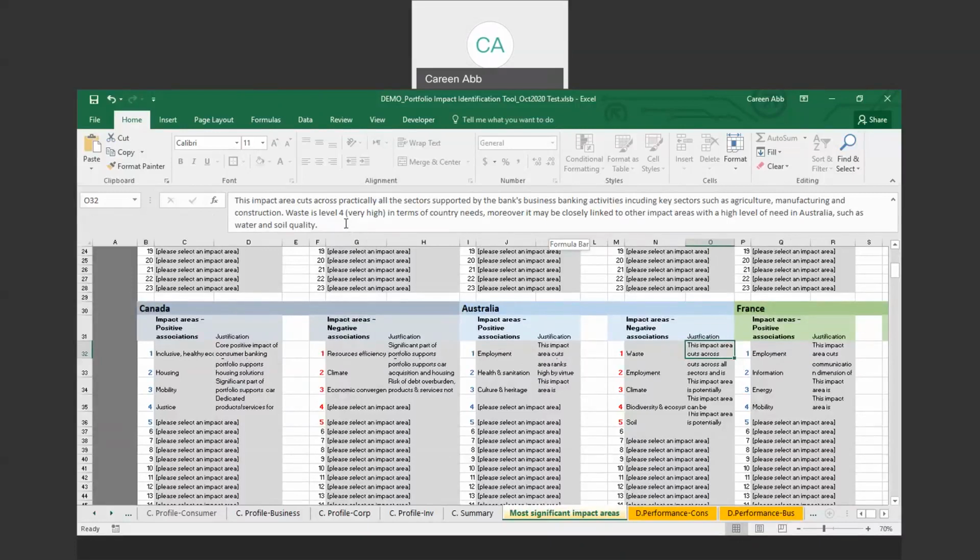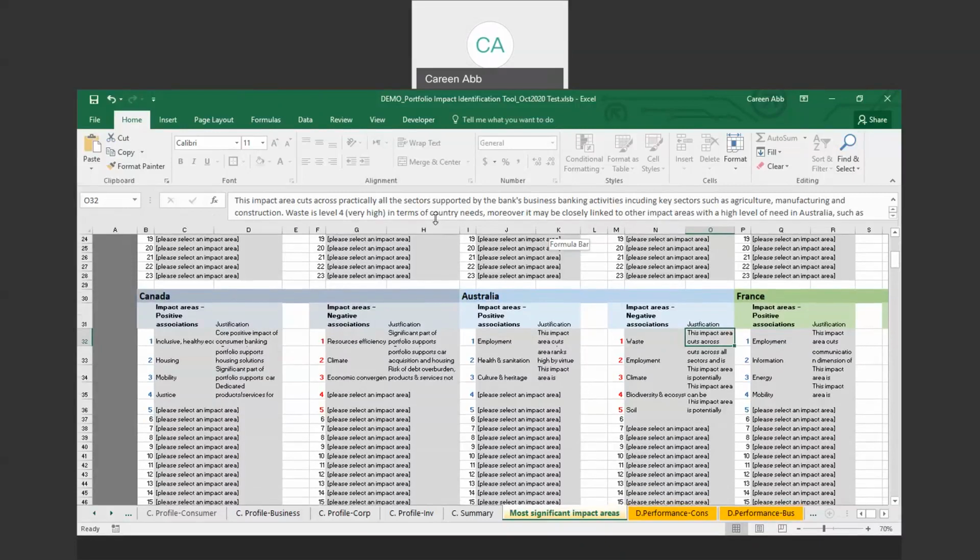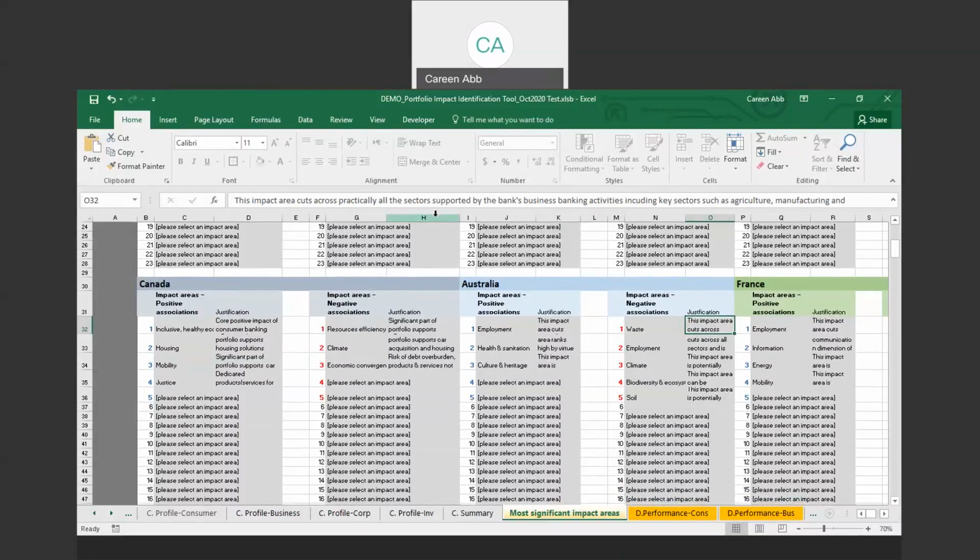And in addition, waste has also been identified as an impact area that has a very high level of need in this particular country. A mention is also made of the fact that there are interlinkages with other impact areas, such as water and soil quality. This, as you can see, starts to show us the interlinkages between the different SDGs.